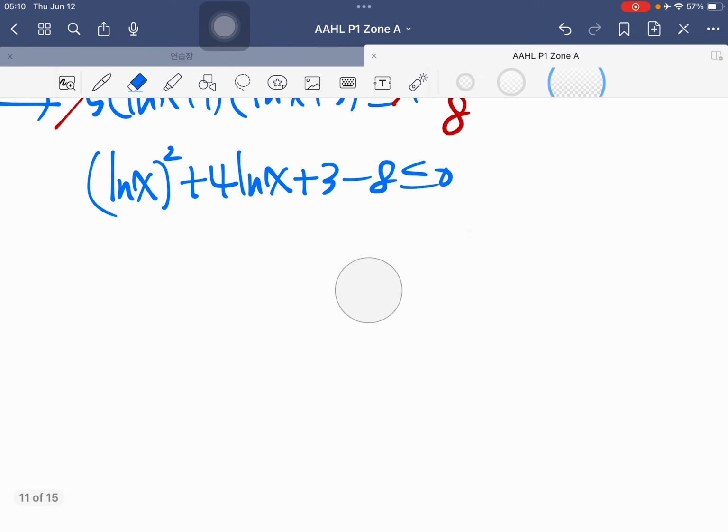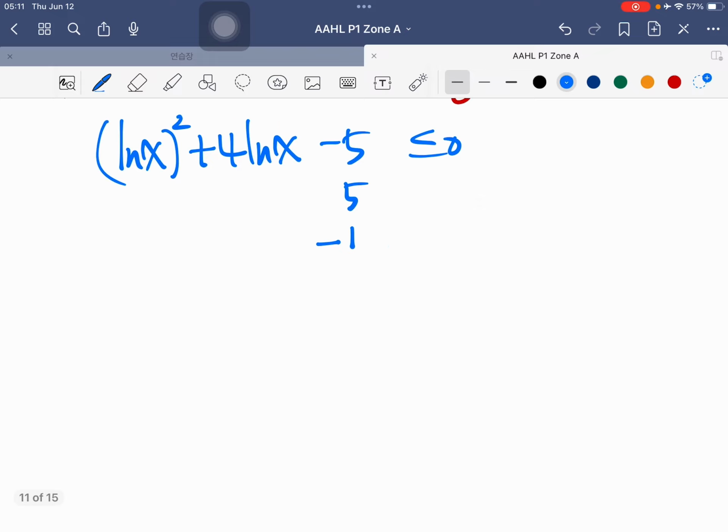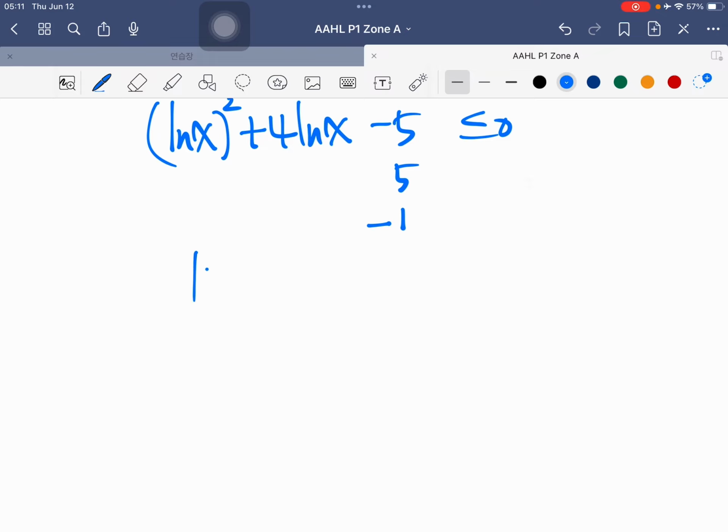So this is negative 5, and we factorize with 5 and negative 1: 5 times negative 1 is negative 5, and adding 5 to negative 1 is 4. So we can say (ln x plus 5)(ln x minus 1) is less than 0.